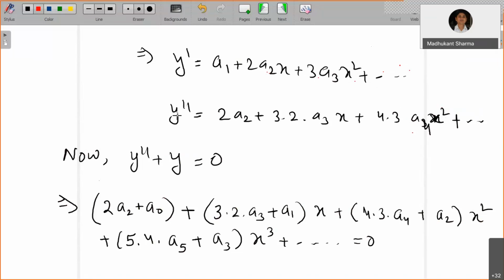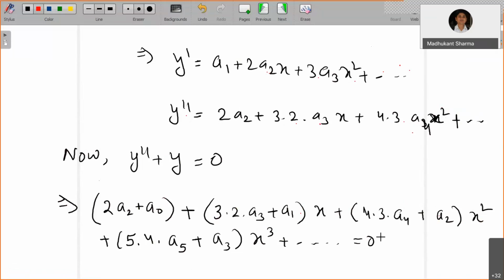So in the equation y double dash plus y equals 0, the constant is 2a2 plus a naught, the x coefficient is 3 times 2 times a3 plus a1, and the x square coefficient is 4 times 3 times a4 plus a2, and so on.